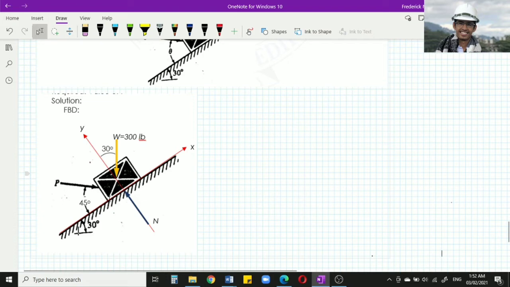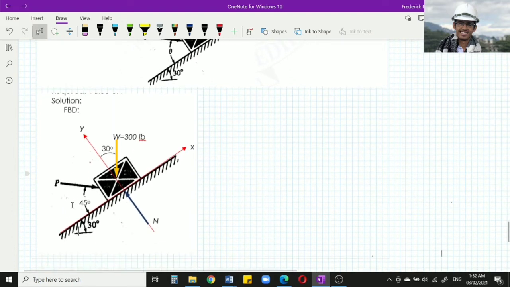So, yung contact din ng ating box at saka yung incline is magpuproduce siya ng normal force. Okay? So, perpendicular siya sa ating incline kasi yung contact area ng ating box at yung incline, yung force na ma-produce niyan will be a normal force or perpendicular siya sa ating incline. Okay? So, let us now determine the value of P.